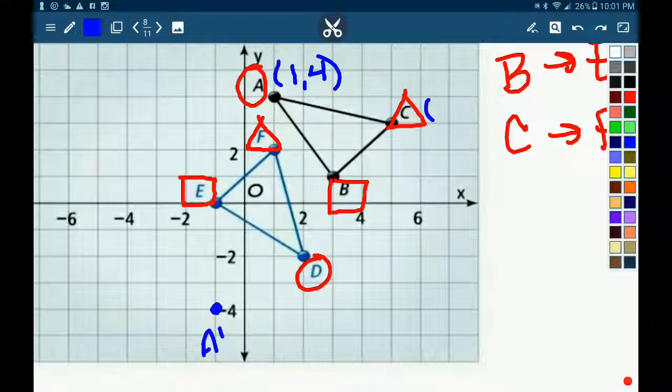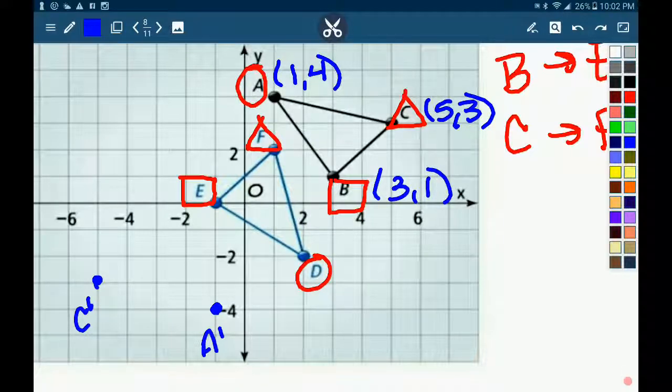C looks like 5, 3. So we need to make both of those negative. So -5, -3. There's C prime. And then B looks like 3, 1. So that needs to change to -3, -1. So there's B prime.